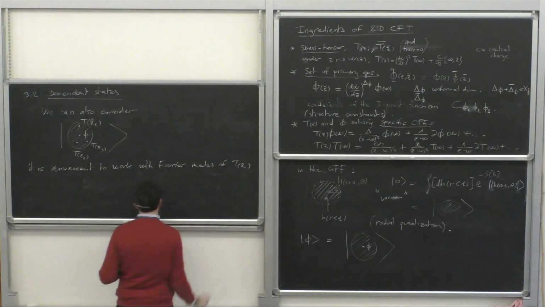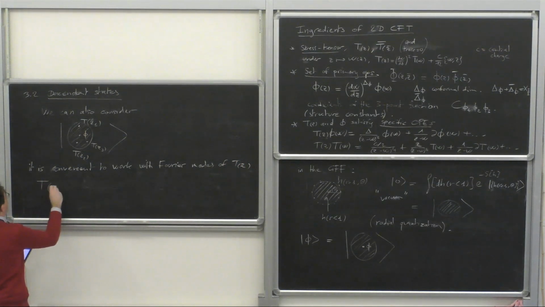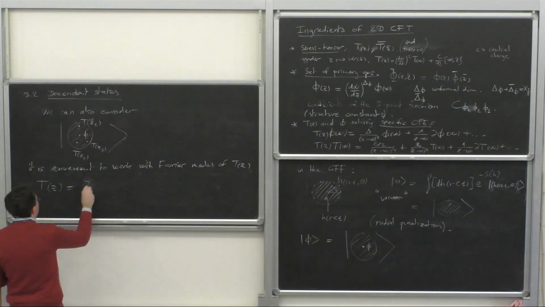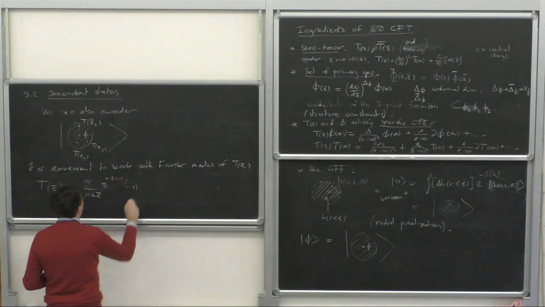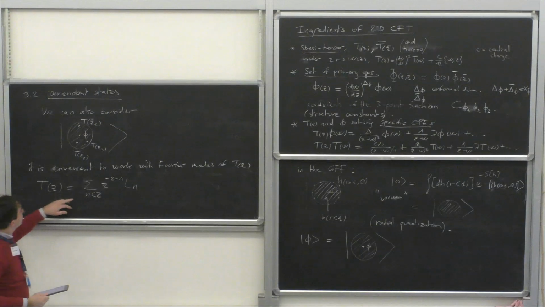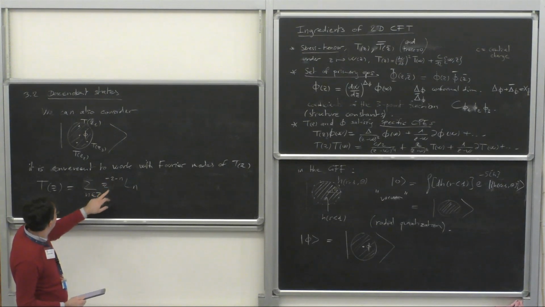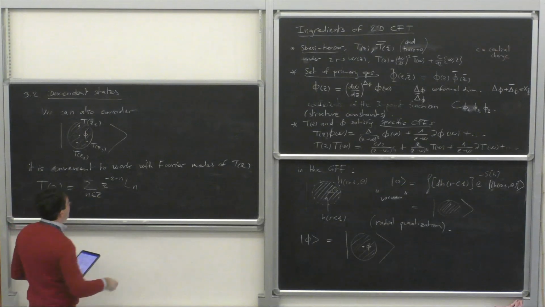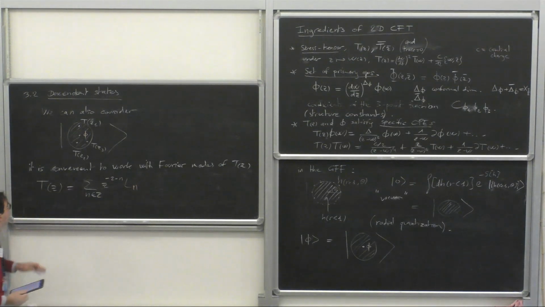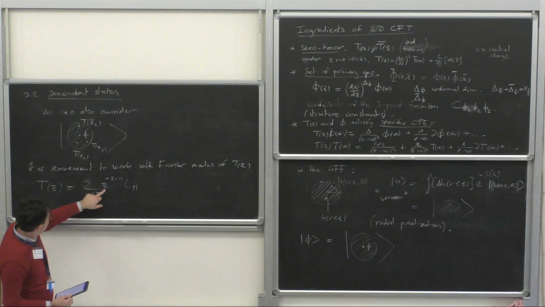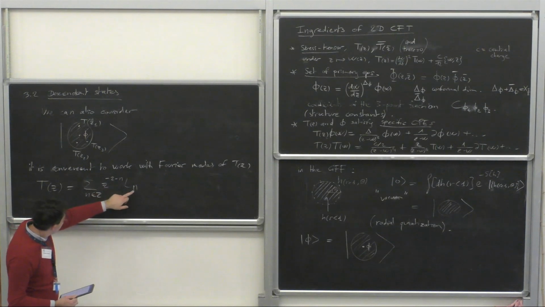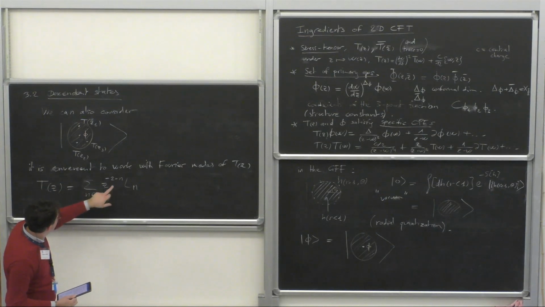Those Fourier modes: we typically write T of z as an expansion, the sum of z to the minus 2 minus n times Ln. The convention for the labels in the sum is chosen so that this is a field with conformal dimension 2. z to the minus n has conformal dimension minus n, and Ln has conformal dimension 2 plus n, and so 2 plus n minus n is 2, so it matches.